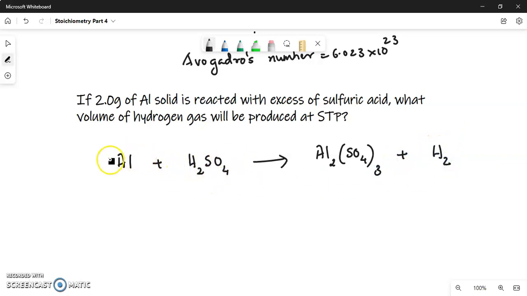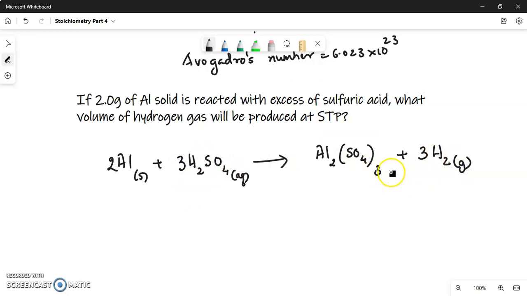And as before, for balancing, we need 2 aluminium solid, sulfuric acid is aqueous, we will get 3 here, so we will have 3 here. This is gas and this is aqueous.